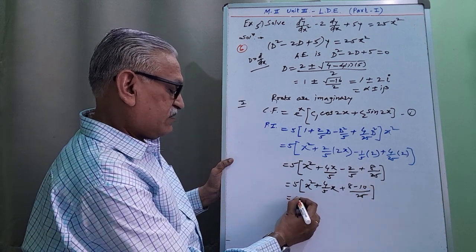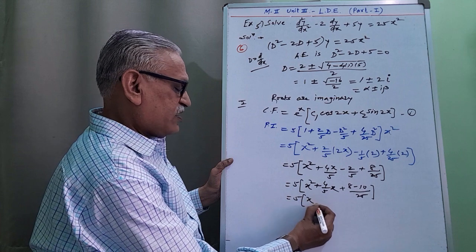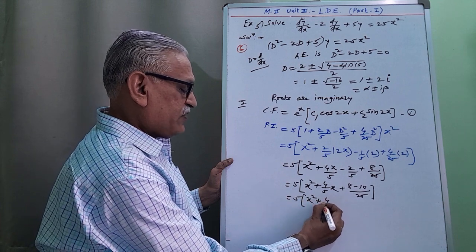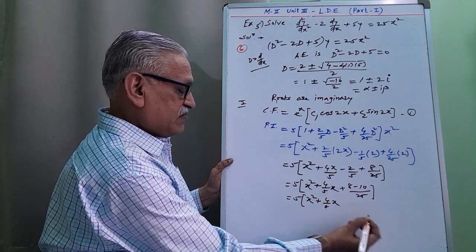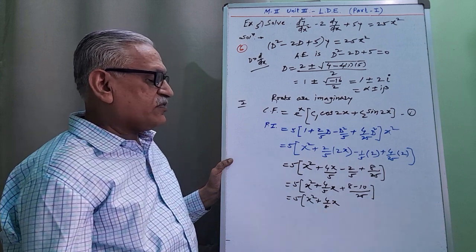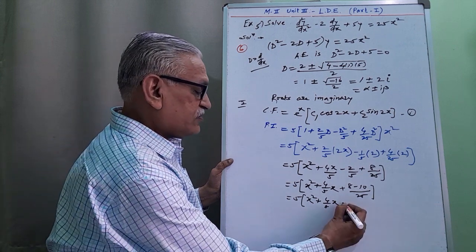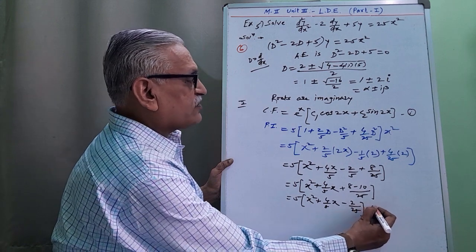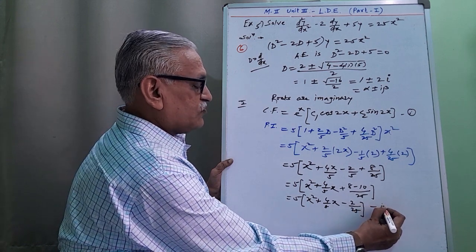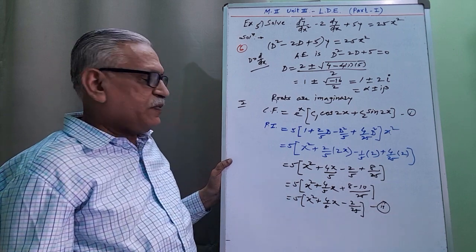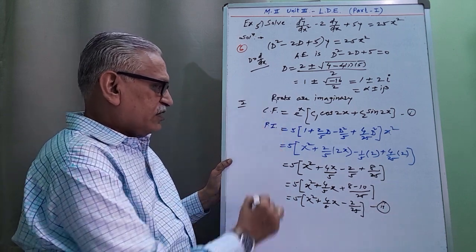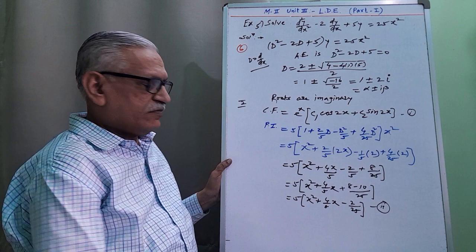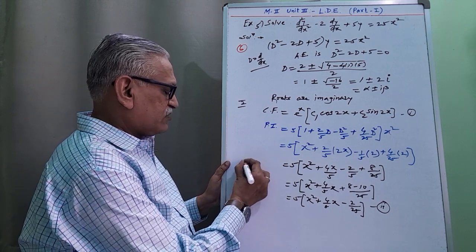We get 5 times x square plus 4 by 5x, 8 minus 10, we get minus 2 by 25. We call this equation number 2 as PI. Therefore, for getting this PI correctly, you will get 3 marks.